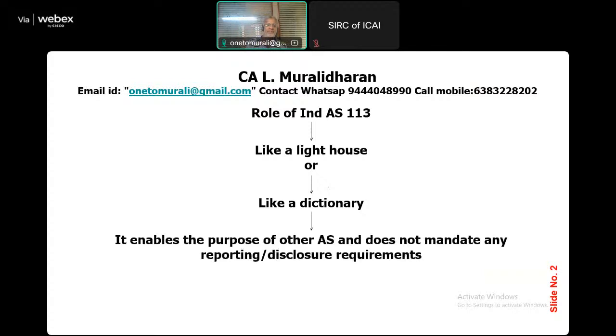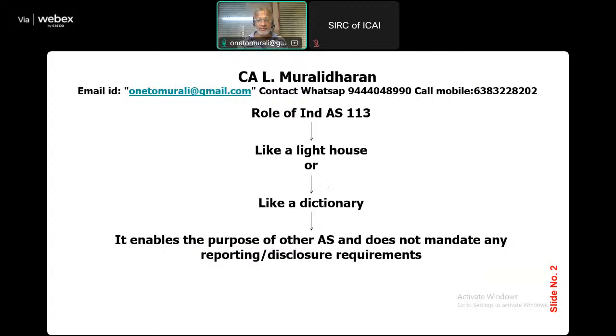It enables the purpose of other accounting standards, and does not mandate any reporting or disclosure requirement in this particular accounting standard. So it is an ideal scenario, with no direction on how it is to be reported and disclosed.